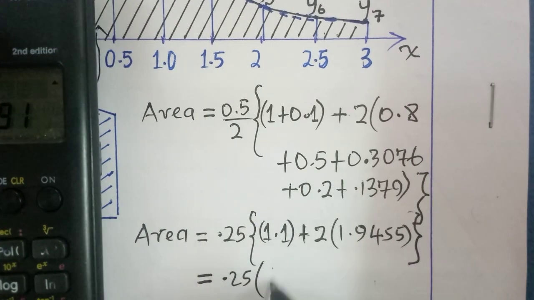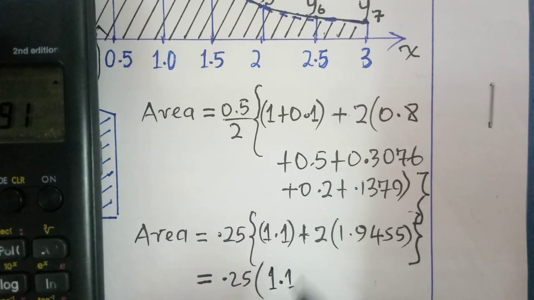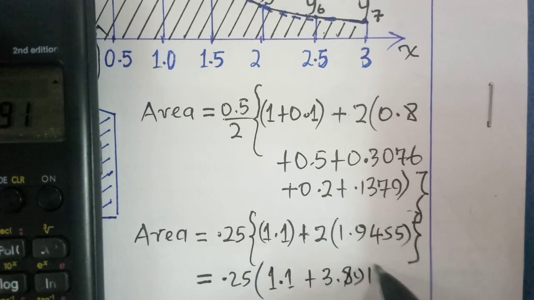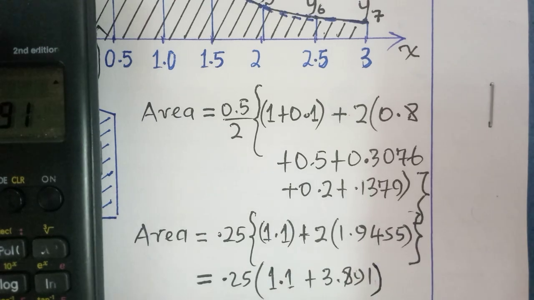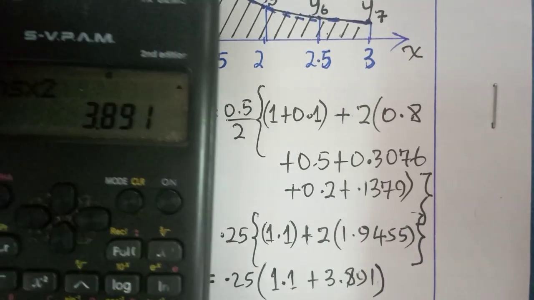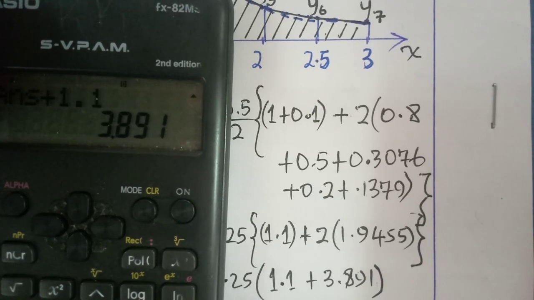So we have 1.1 plus 3.891, which gives 4.991.